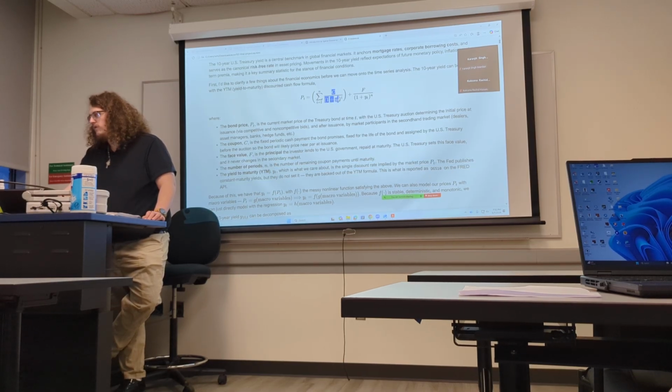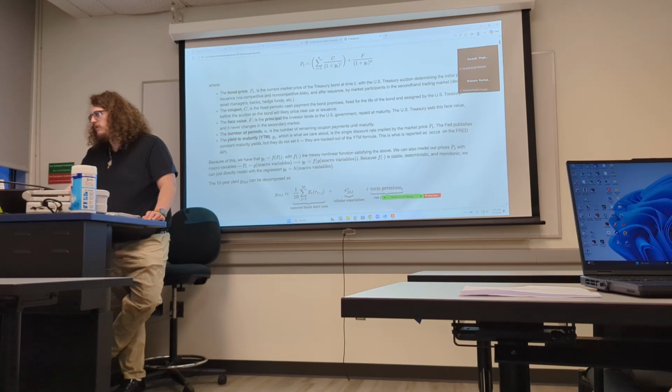You can see this is a very messy function relating to YTM. But because we can back out this YTM as a function of price and some of these other things which are fixed, we can model price. The idea is we're going to model price based on a bunch of our macro variables.